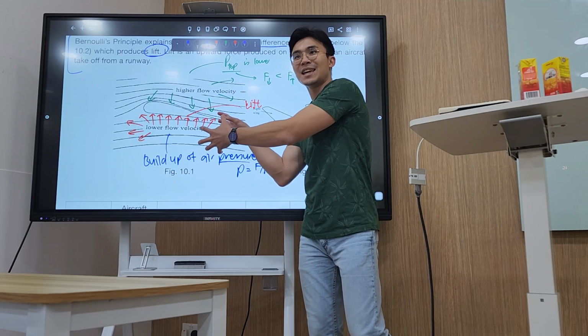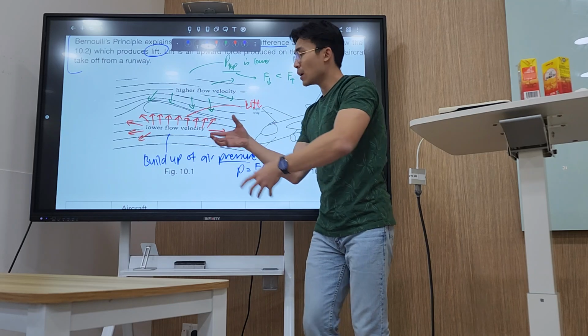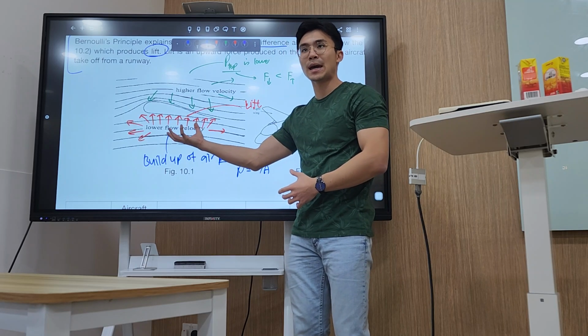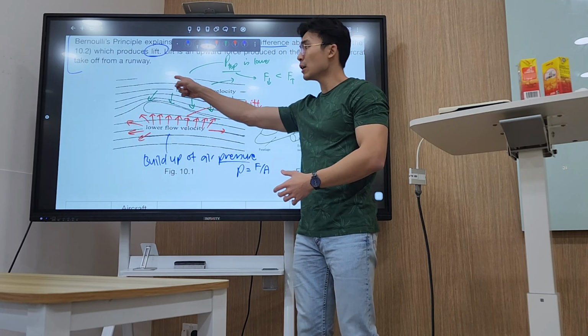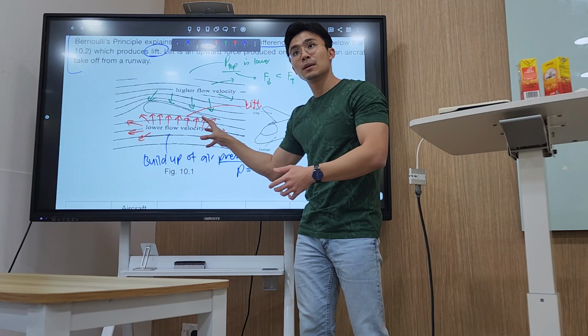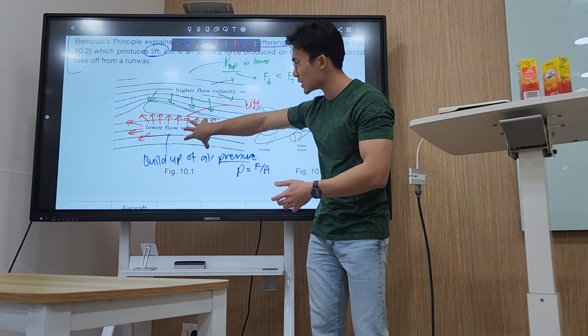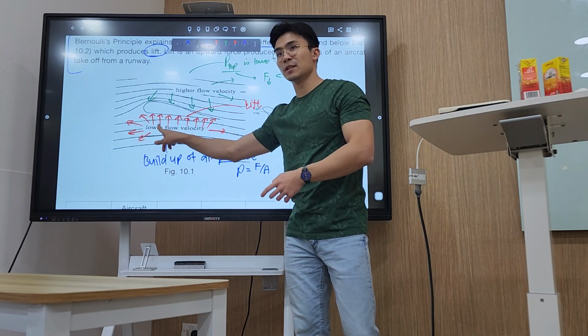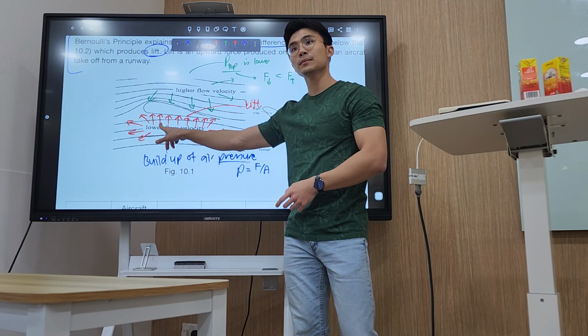Caught, C-A-U-G-H-T, right? When your air is caught over here, it generates a higher air pressure than on top. Now here going very freely, now here very slow. Agreed? So this air pressure, which is force over area by the way, generates an upward force, the red arrows.